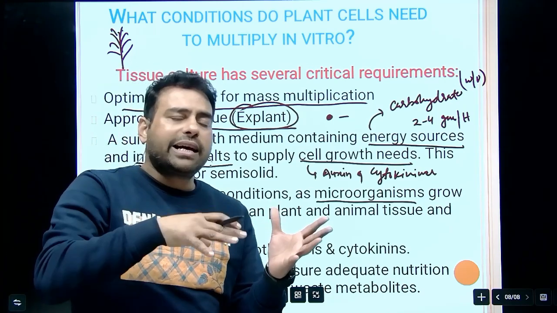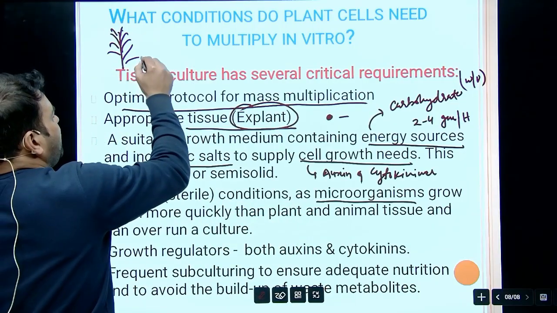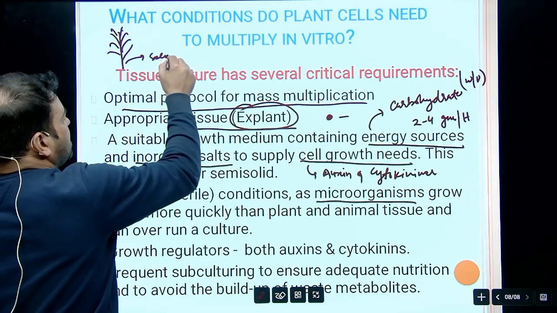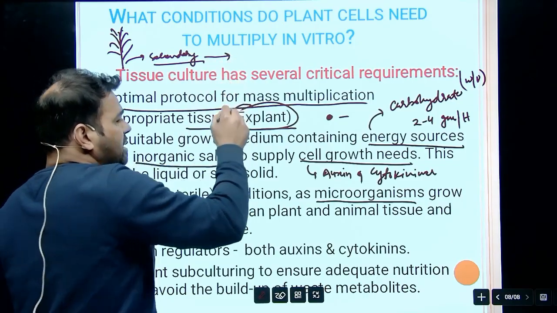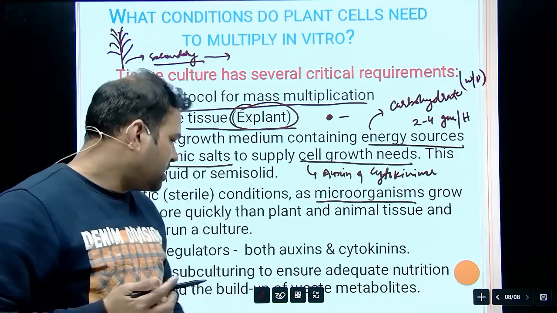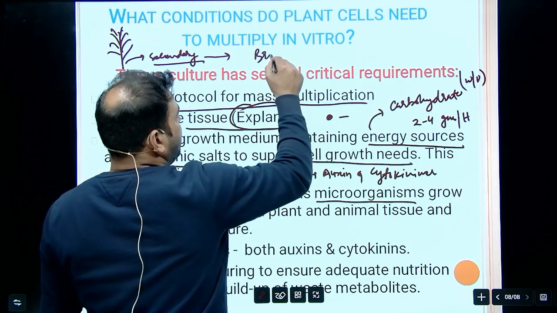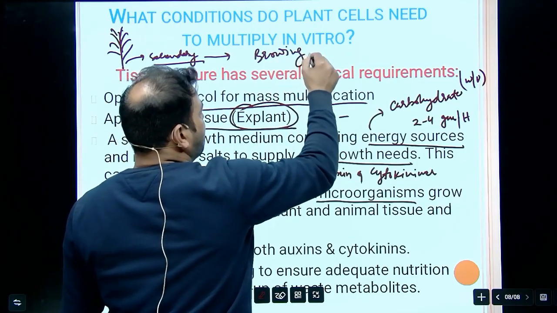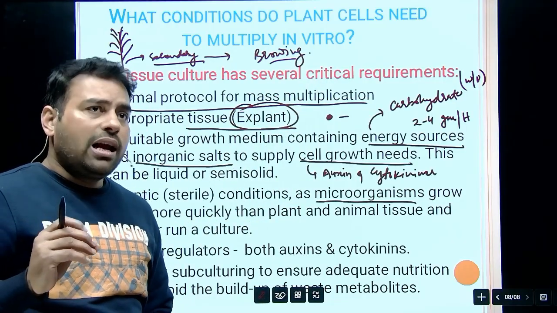When they come in contact with oxygen, they produce secondary metabolites. They will start to make the media brown. So this is called browning. That's why frequent subculturing is required to avoid the browning.